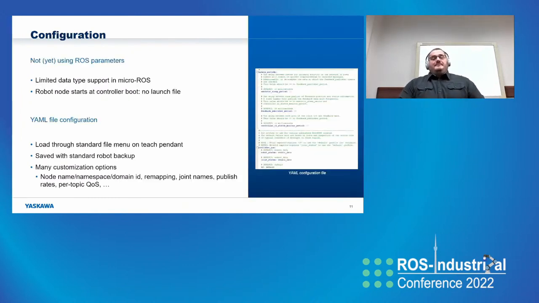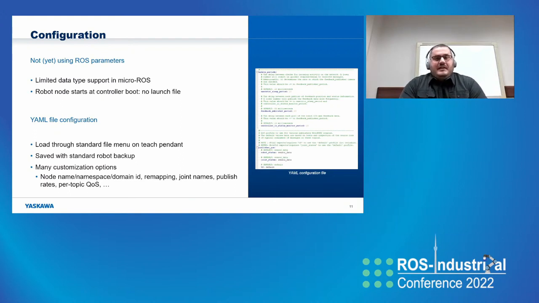I mentioned there are a lot of configuration options available for the robot controller. We are not using a standard ROS parameter server at this time. One of the reasons is that micro-ROS doesn't necessarily support string parameters, but we allow you to customize things like the node name, the joint names, or the namespace if you want to change those. There's a lot of different options available, and as I mentioned before, this currently starts up at boot time, so it's not a managed lifecycle node, but rather it's just always on.